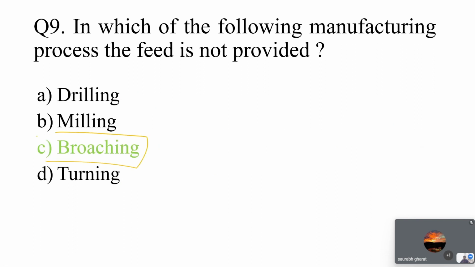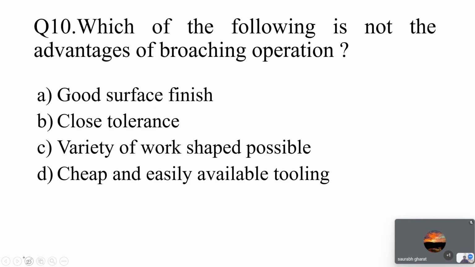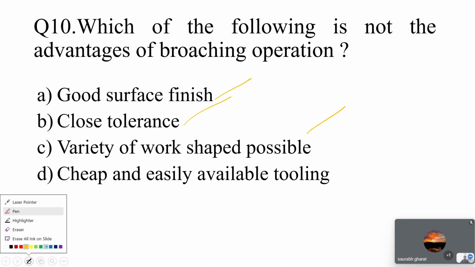Okay, choosing a good answer. Which of the following is not an advantage of broaching operation? Good surface finish, yes, it is. Close tolerance and variety of work shapes possible, yes, it is. Cheap and easily available tool is highly not possible because it is costly actually. Okay, broaching is costly.